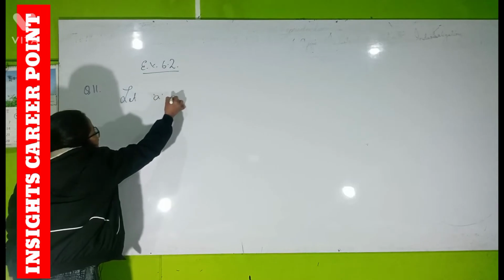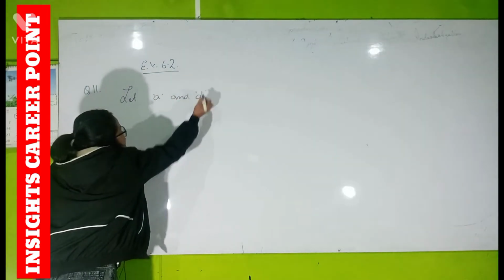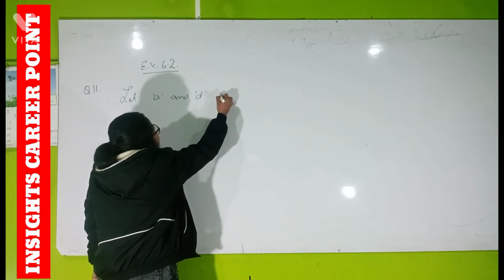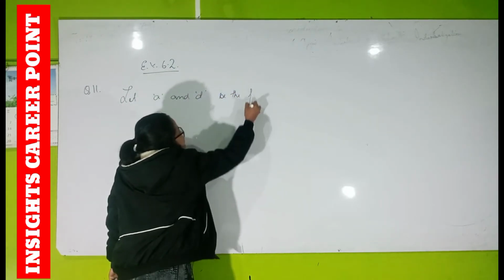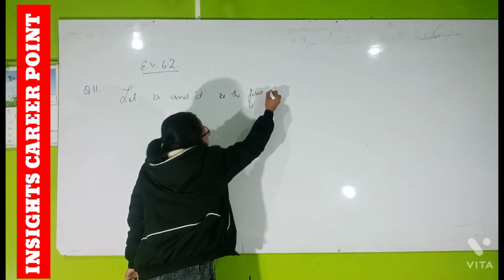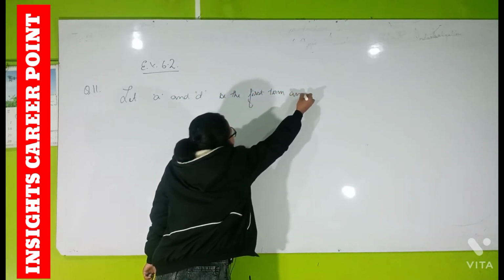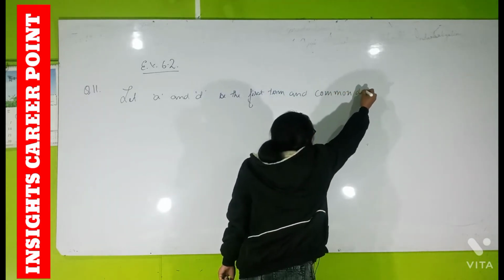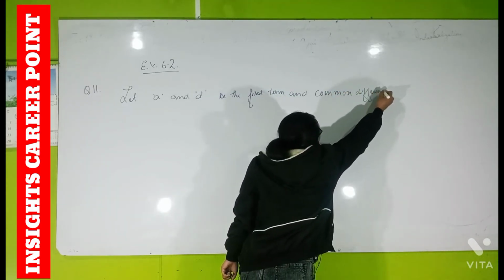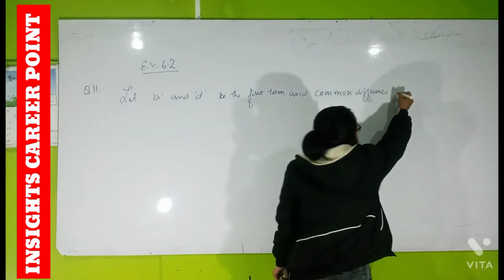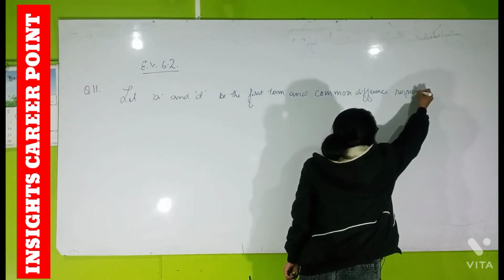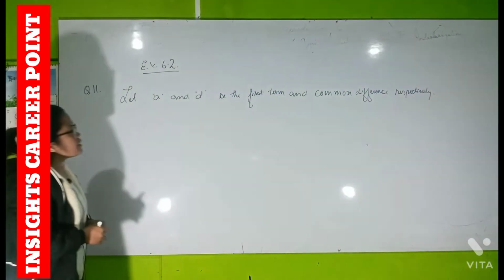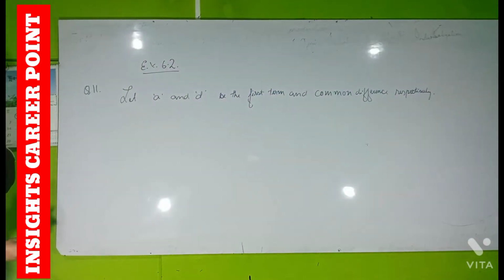Let A and D, which always denote the first term and the common difference, be the first term and common difference respectively.